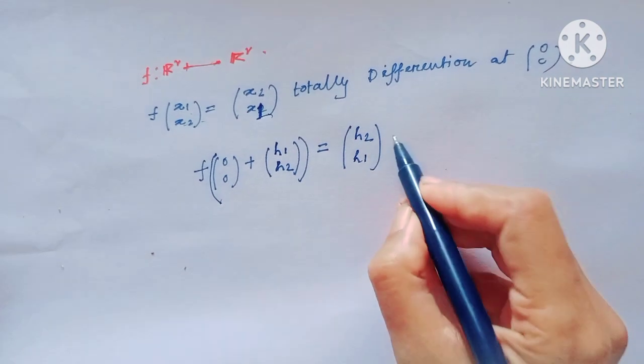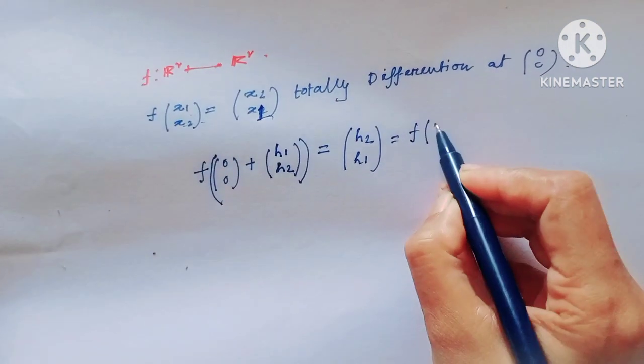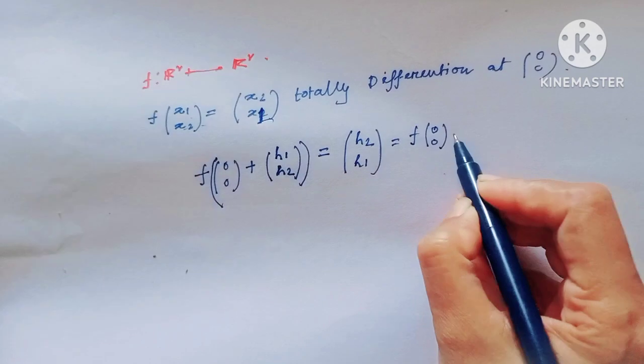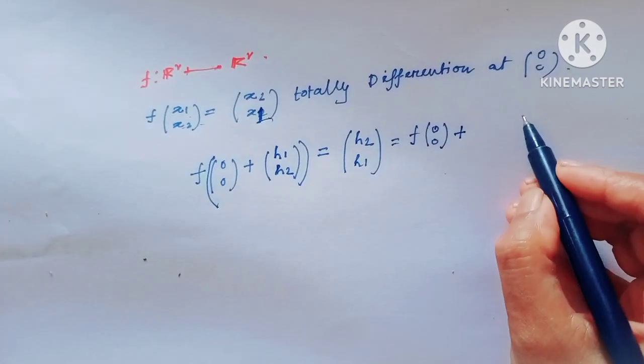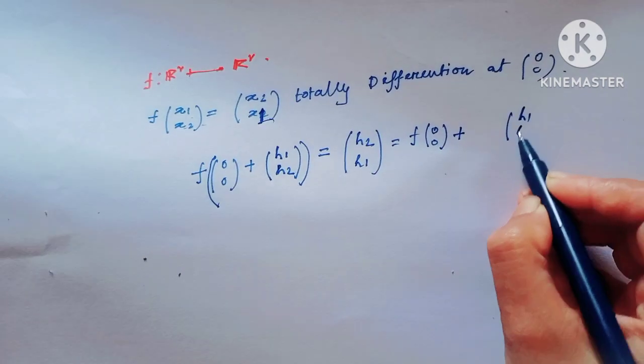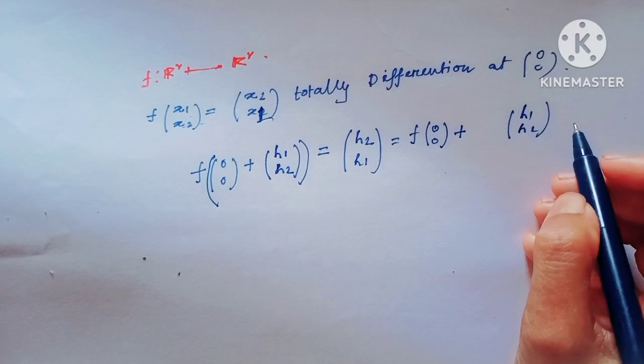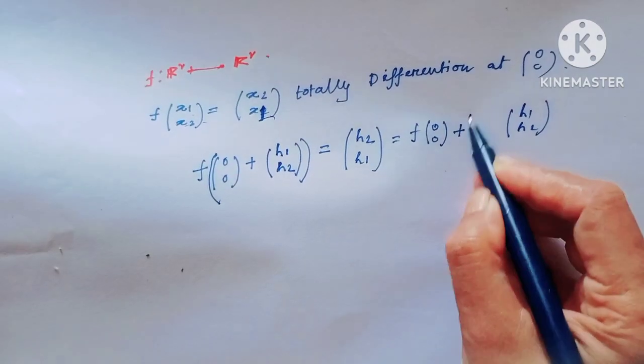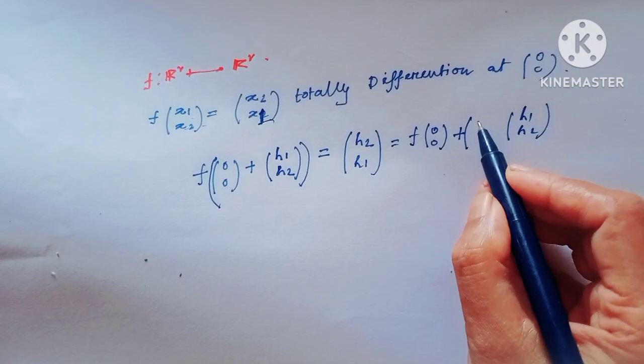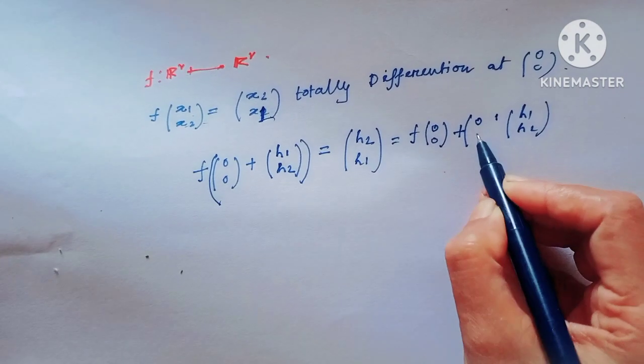And we can write f of (0, 0) plus, here, h1, h2, then the Jacobian matrix would be 0 1, 1 0.